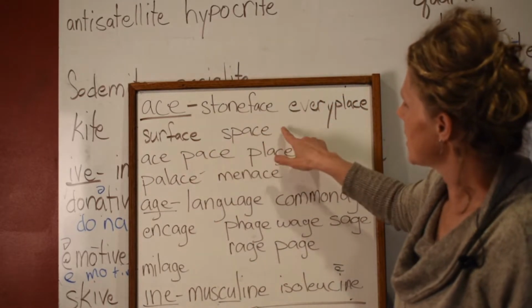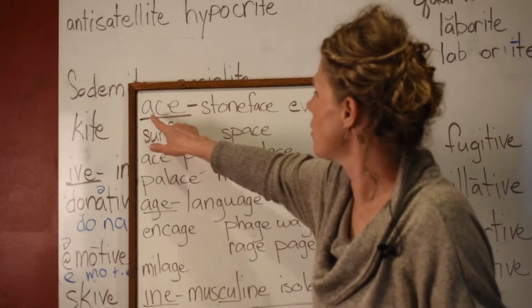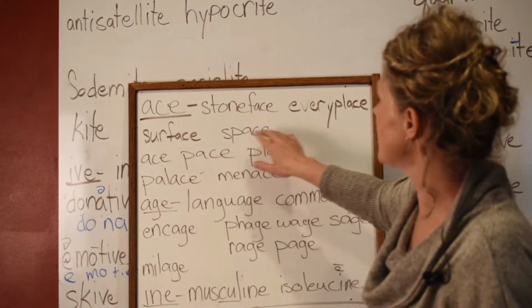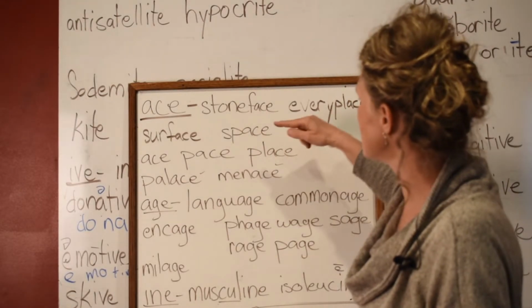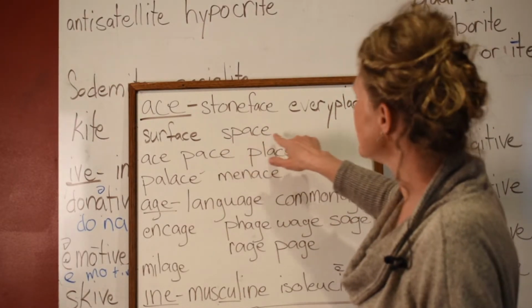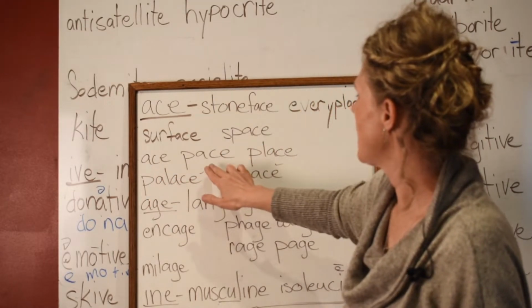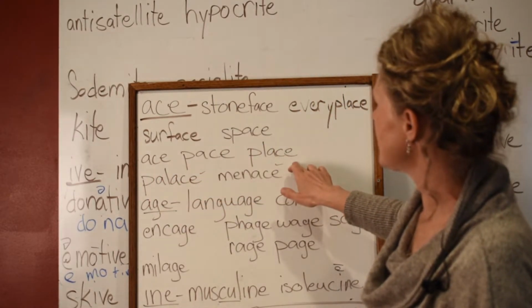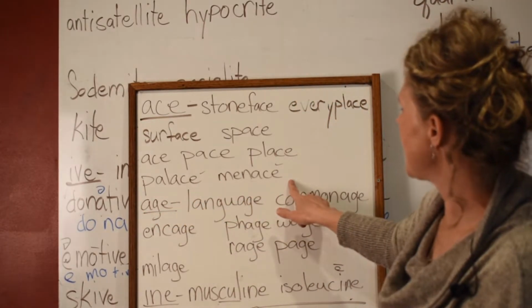So now, same thing here, ACE, if it is a silent E and it's its own syllable, one syllable, it says ace, space, ace, pace, place. Now, palace, menace.